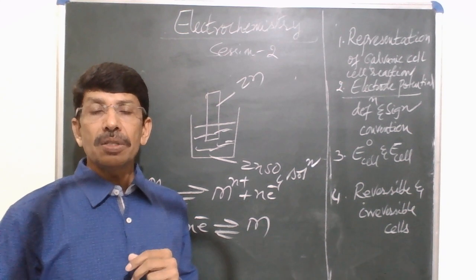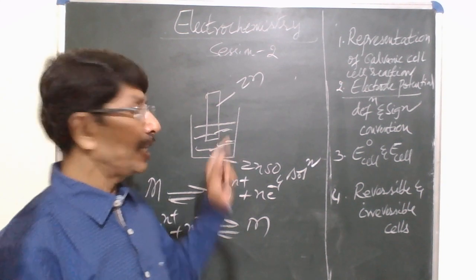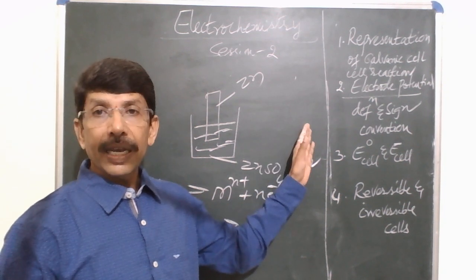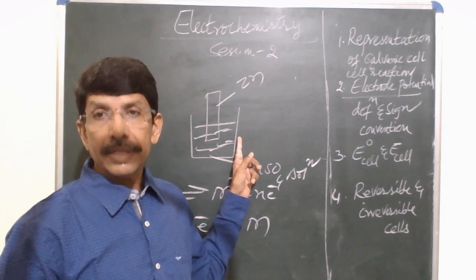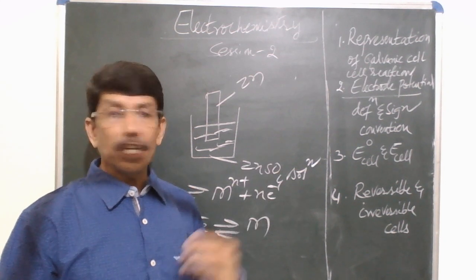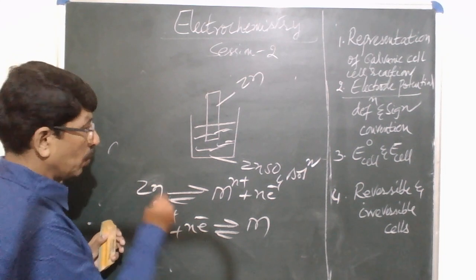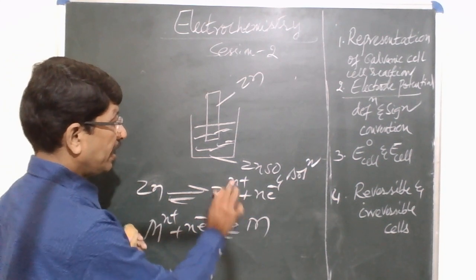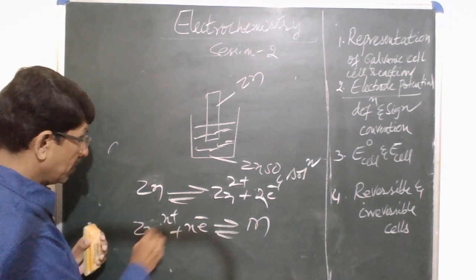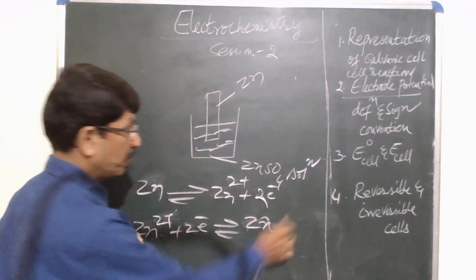Which of these two processes occurs at a particular electrode is decided by the other electrode with which it is connected. Whenever we place a zinc rod into zinc sulfate solution, zinc tries to undergo oxidation like this, or zinc ions try to undergo reduction like this to form zinc.